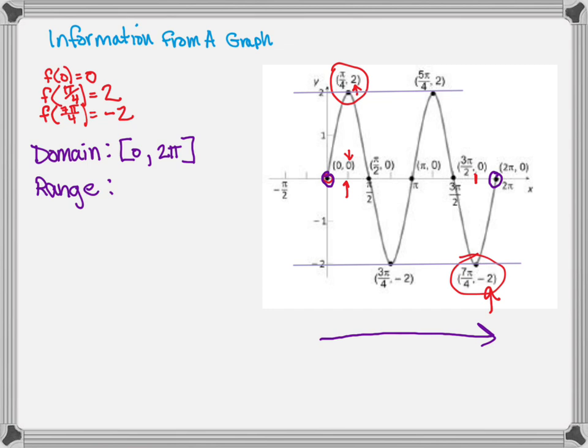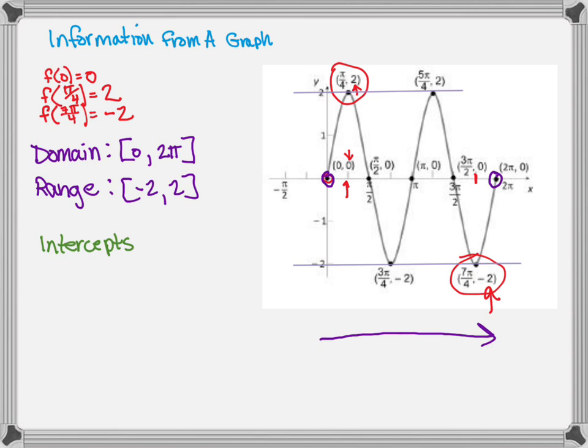So in between these points, there are no breaks, there are no holes, there's no missing y values. So our range goes from negative 2 to positive 2. We've got squared off brackets because we're including those boundaries, because we have closed circles, we're including those points.